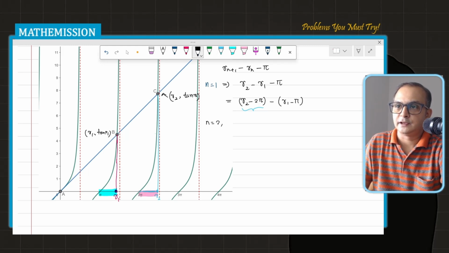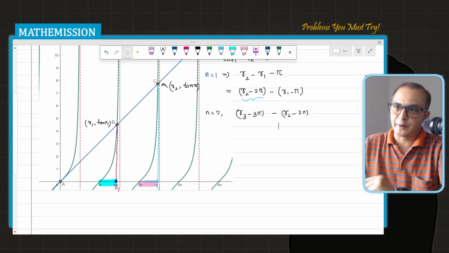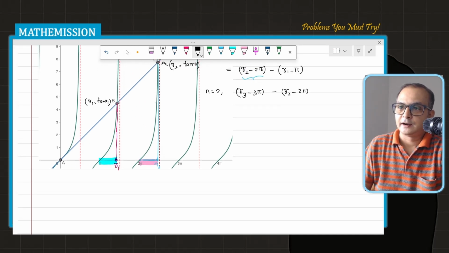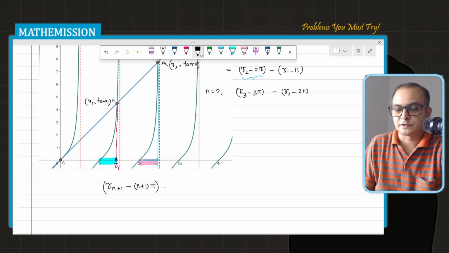So basically it is true for all such solutions, means for n is equal to 2 also, it will come as R3 minus 3 pi minus R2 minus 2 pi. So if you just follow this pattern, can we write generally that Rn plus 1 minus n plus 1 pi is the first term, and minus Rn minus n pi the second term.